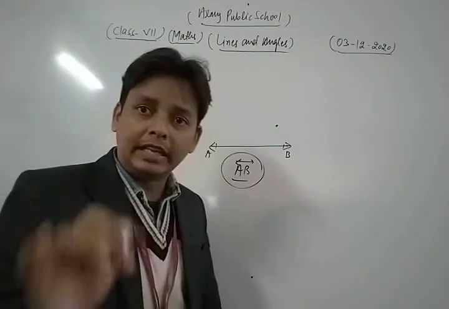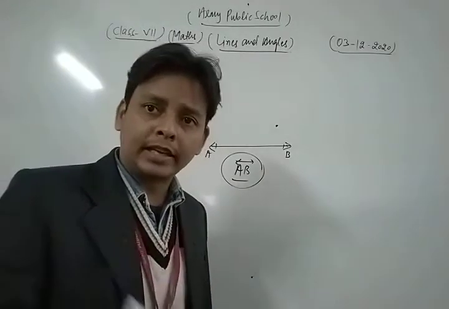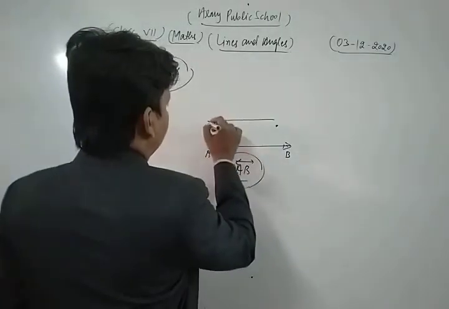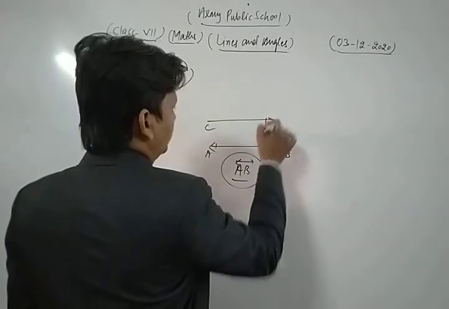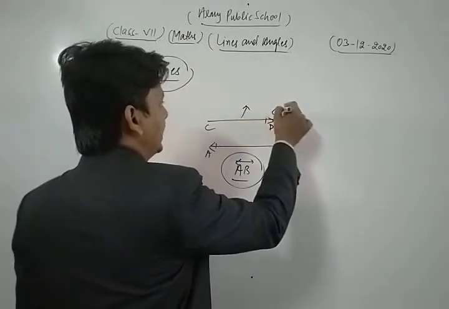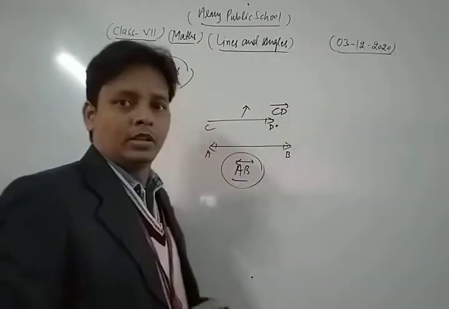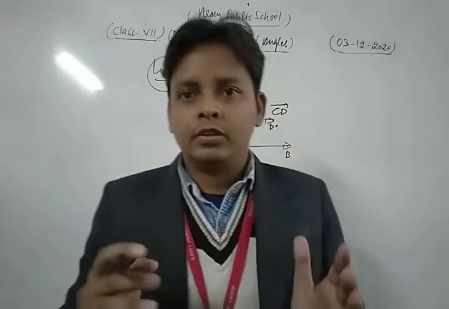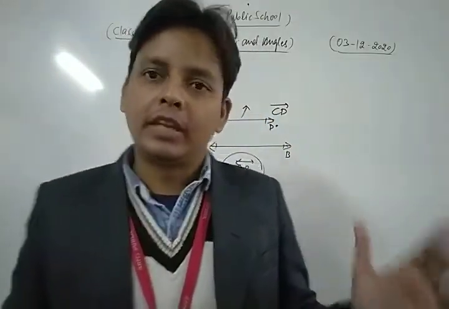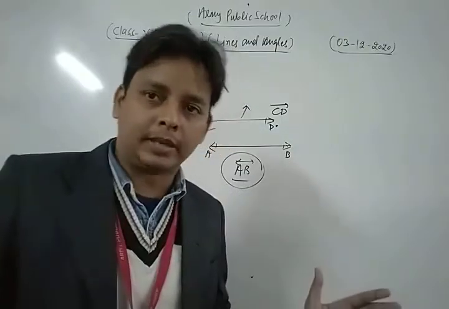If any line segment extends in only one direction, suppose CD is a line segment extending in only one direction, then it is said to be a ray, and it is denoted in this way. So this is the concept of ray and line segment, which is very important for your chapter, Lines and Angles.